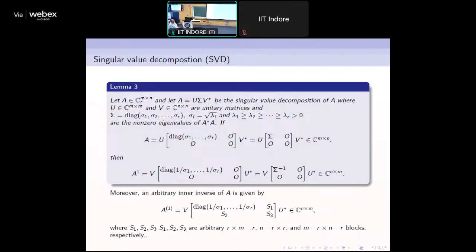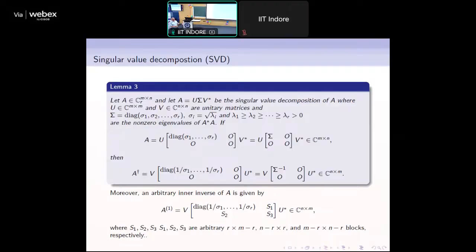And here is a diagonal matrix with reciprocal values of the singular values. This diagonal matrix will be presented as sigma to the power minus 1. It is a very important and most frequently used representation for computing the Moore-Penrose inverse.